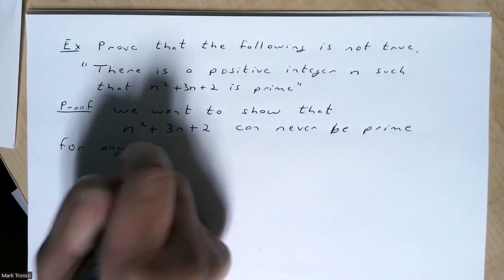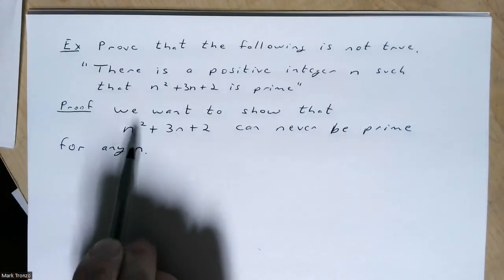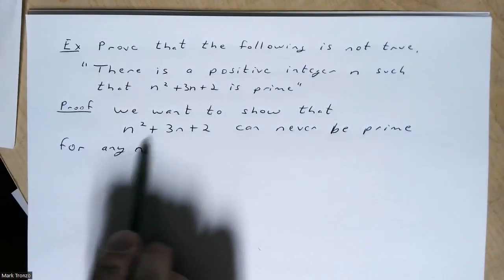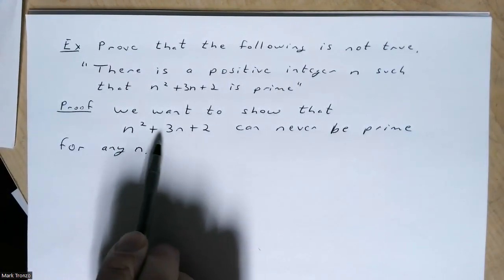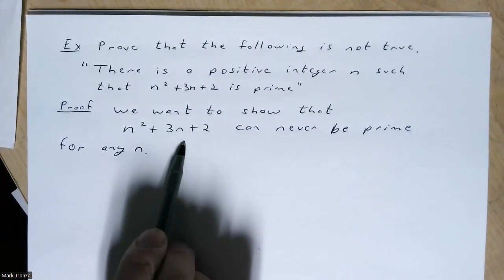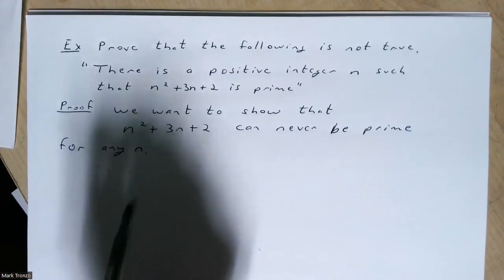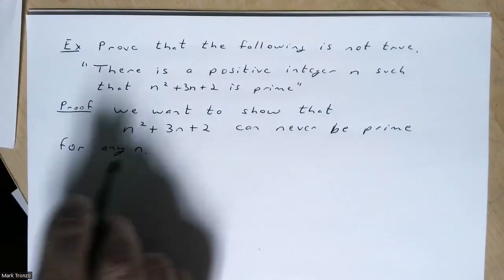And of course, how do we do that? We can show that this is a composite number. So remember, if something's prime, it can't be composite. Something composite can't be prime. So we'll show that this is a composite number.